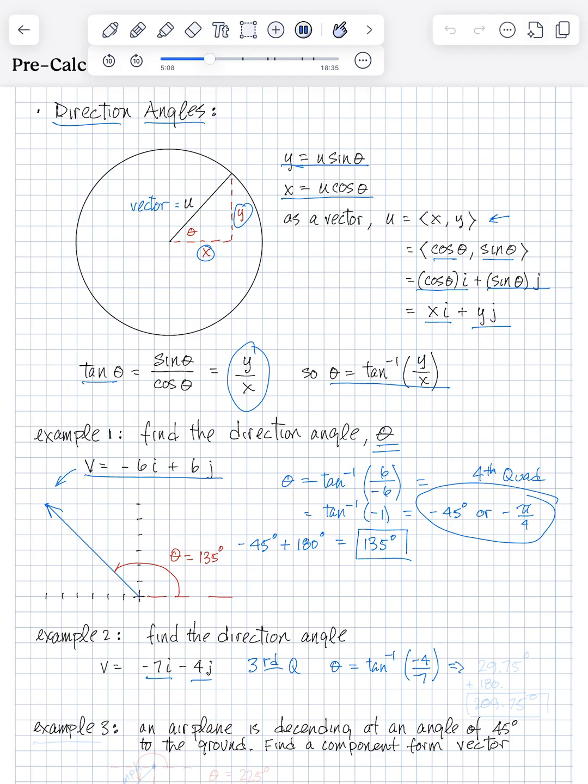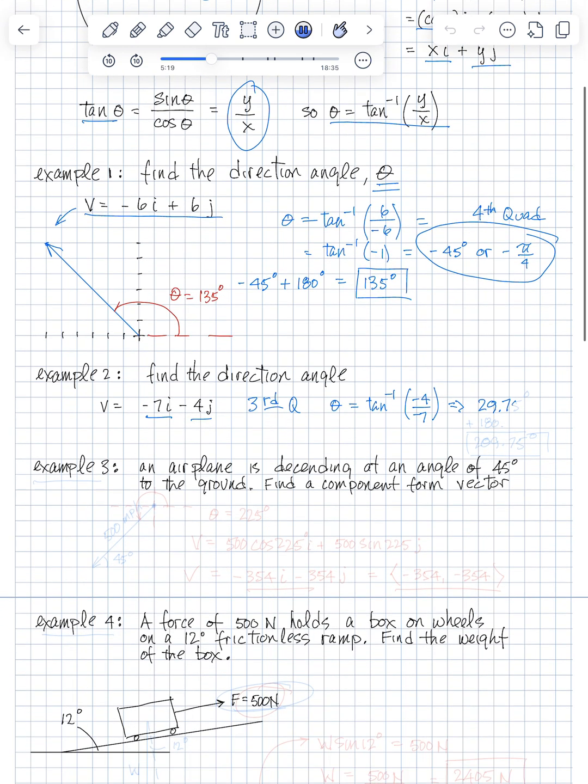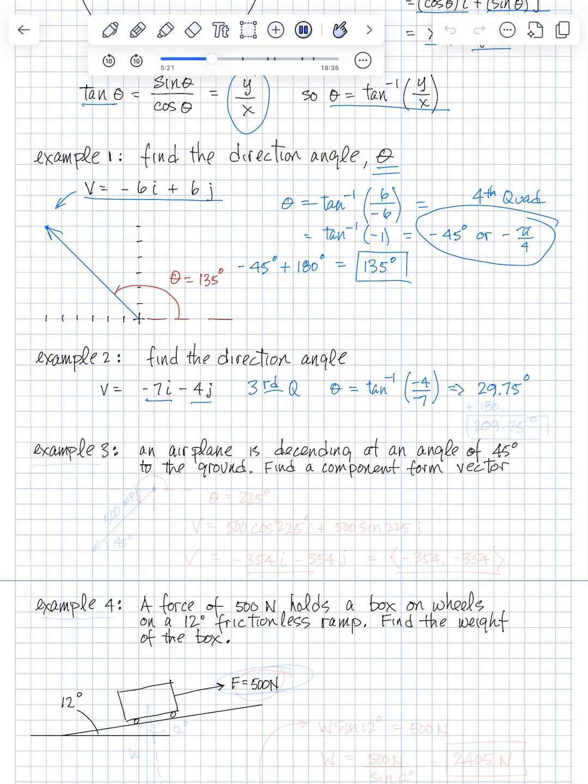That gives us 29.75 degrees. Well, that's obviously not in the third quadrant. That's in the first quadrant. So we have to add 180. And that gives us 209.75 degrees. And that's our answer.